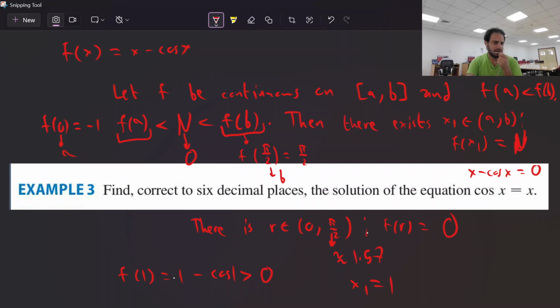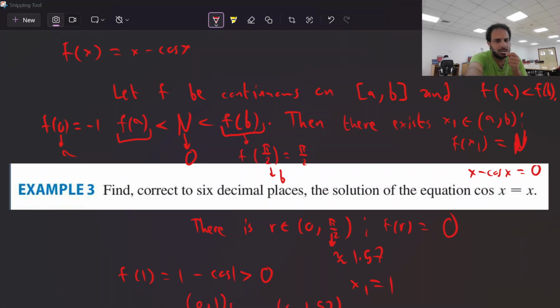Okay? So 1 is a better choice, because it's clear the solution is between 0 and 1, and we have more choices between 0 and 1.57. So 1 is closer, right? So it's good to choose x1 equals 1.